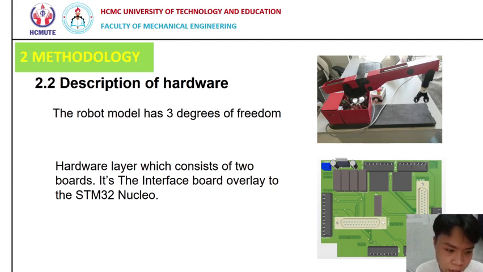The hardware layer interface board is responsible for collecting all the signals from the external components and transferring them to the second board, which is an overlay to the STM32 Nucleo.